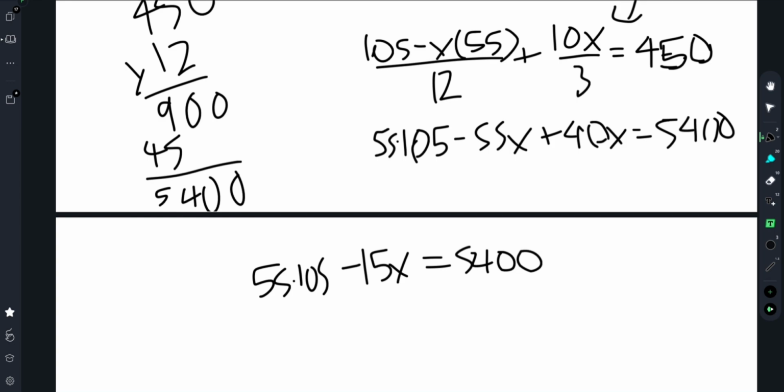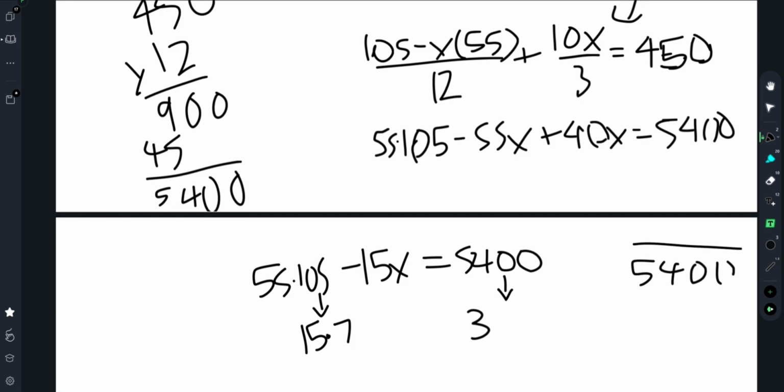And well, the good thing about this is that we can divide by 15 on both sides. 105 is 15 times 7, and 5,400 divided by 15 is 360.